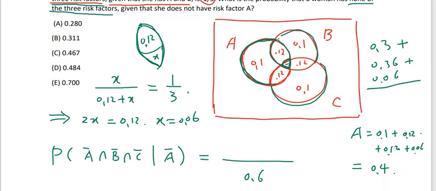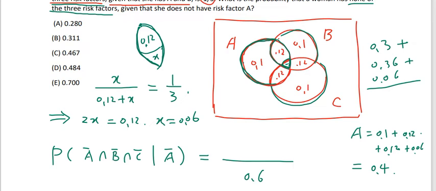So this is A or B or C. So we find this equals 0.72, right?